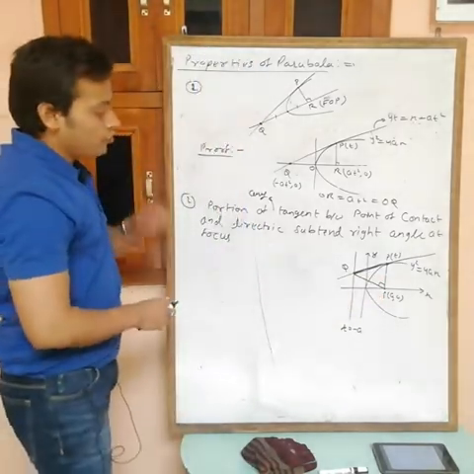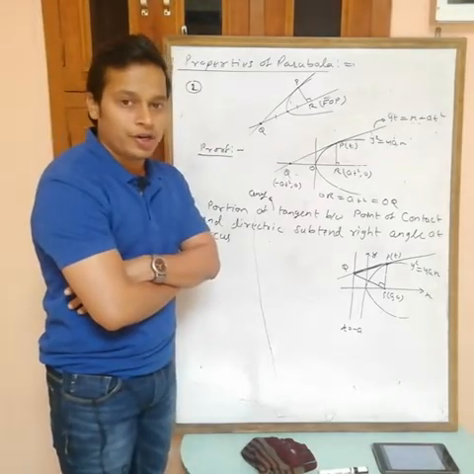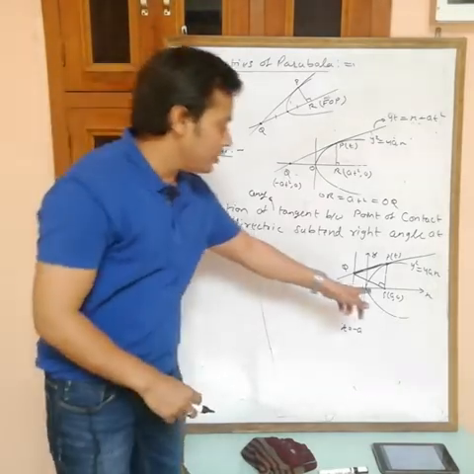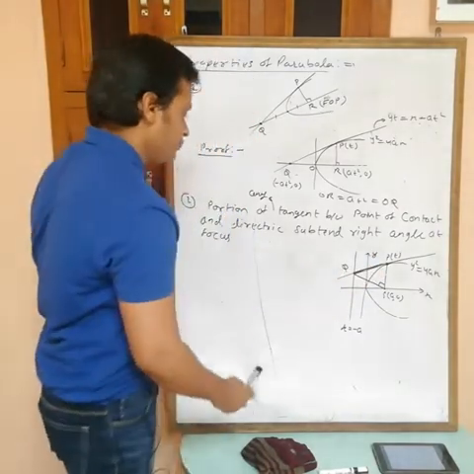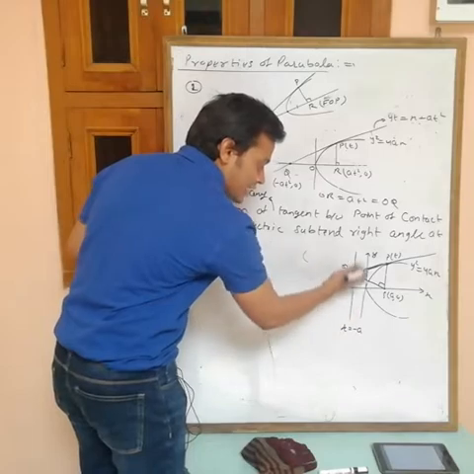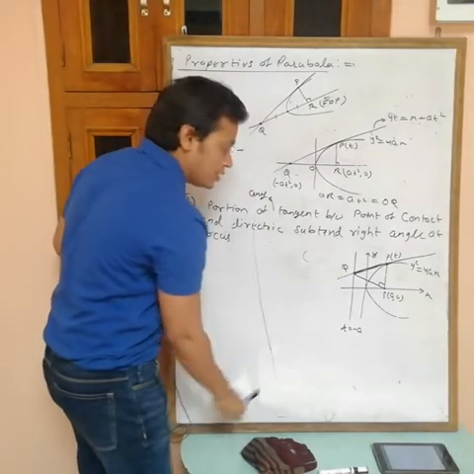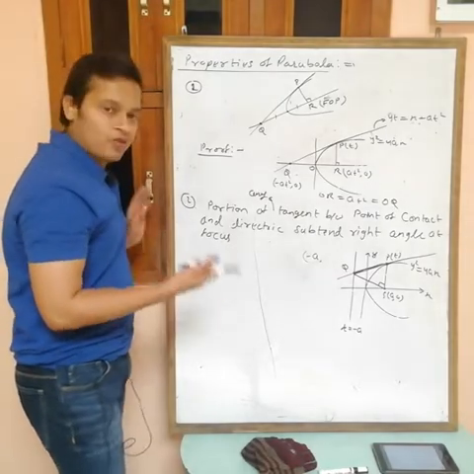Now to find the slopes of PS and QS, what do we want? We want the coordinates of these points. We already have the coordinates of S and P. Now we want the coordinates of Q. Q lies on the line x equals minus a, so the x coordinate is minus a. Now you want the y coordinate.